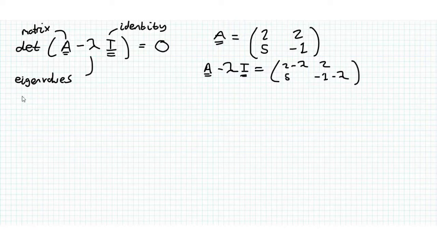So I'm going to go over here. The determinant can be written with just these almost like modulus looking signs around the matrix.